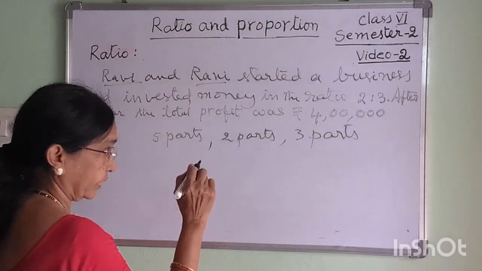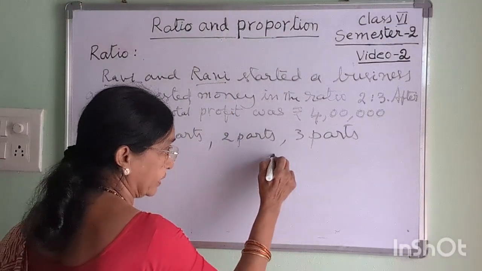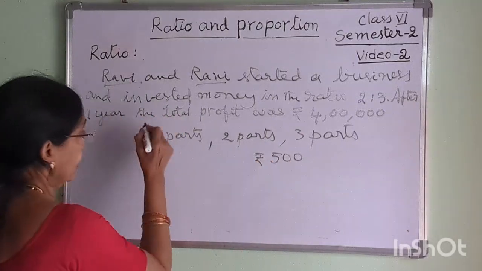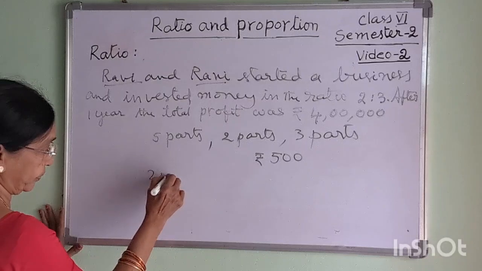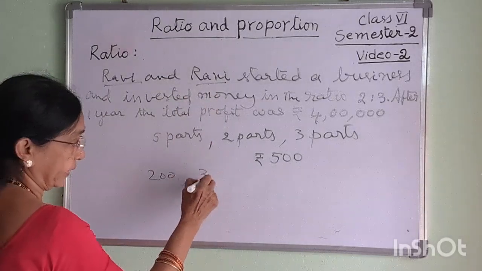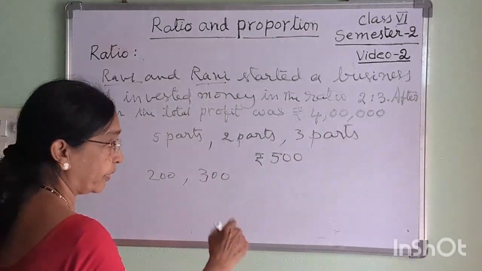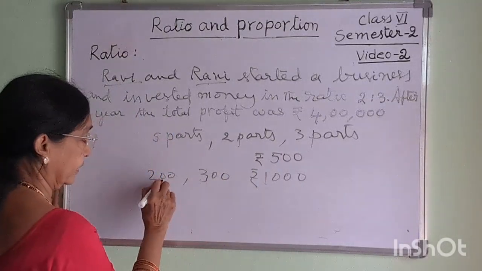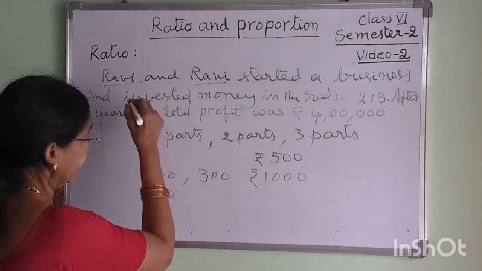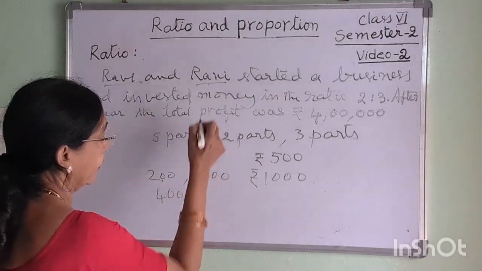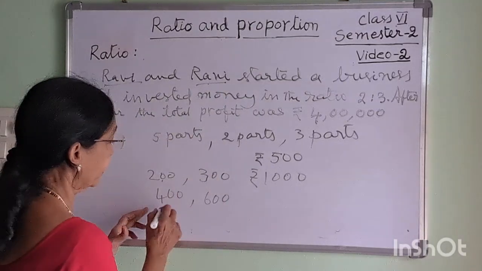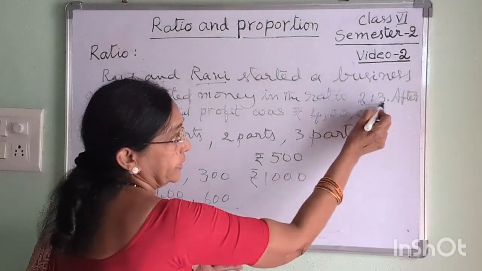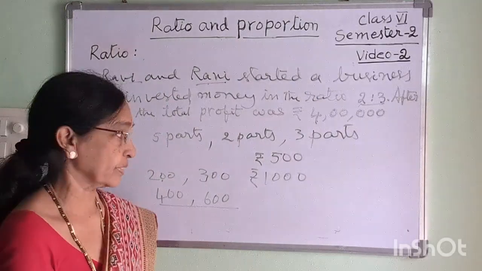Therefore, suppose the profit is 500 rupees, Ravi gets 200 rupees and Rani gets 300 rupees. If the profit is 1000 rupees, Ravi gets 400 and Rani gets 600, because the ratio 4:6 is equal to 2:3, which is the ratio of the investments.